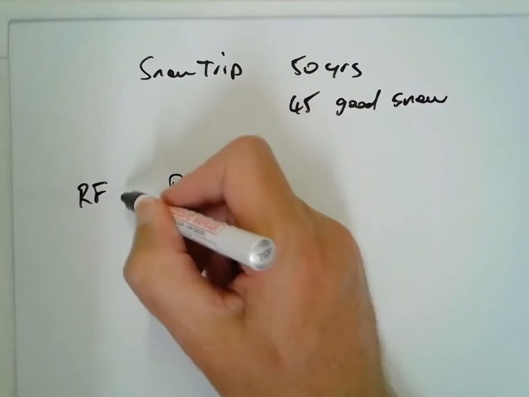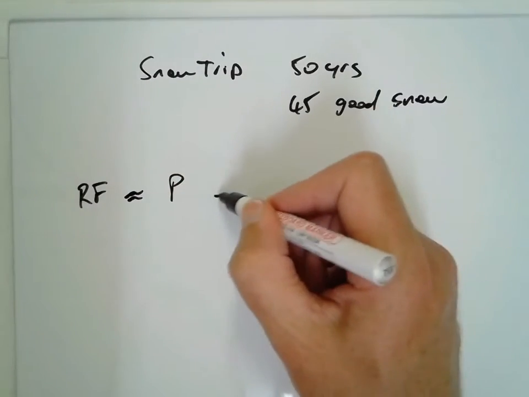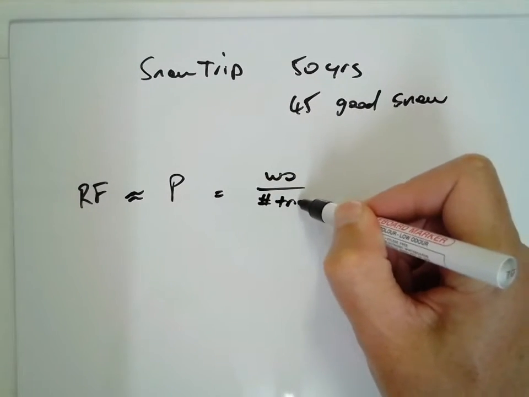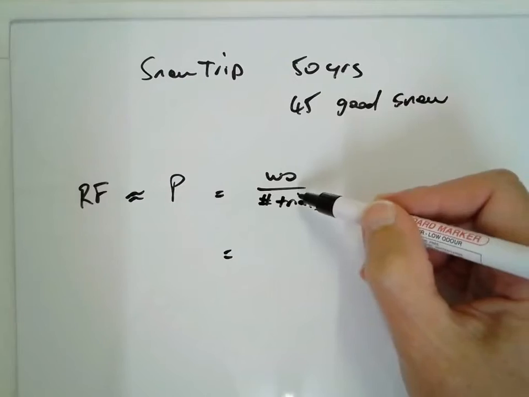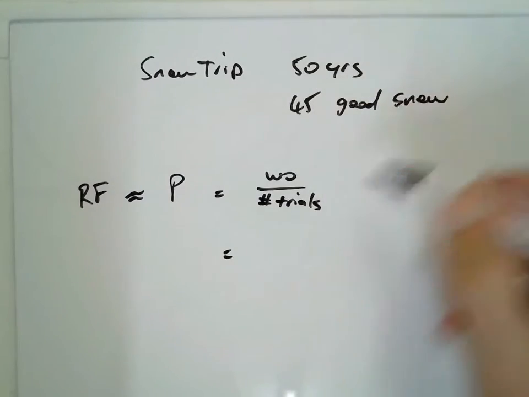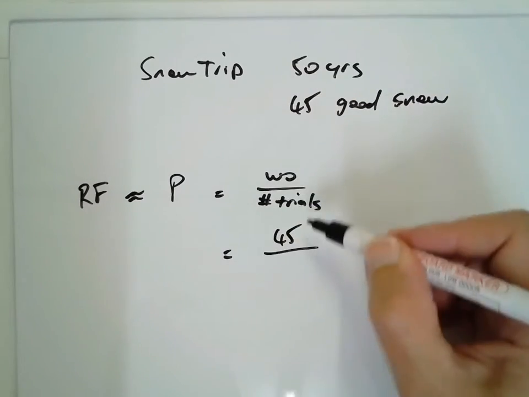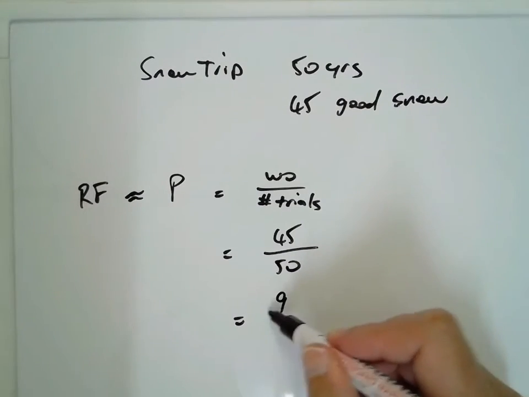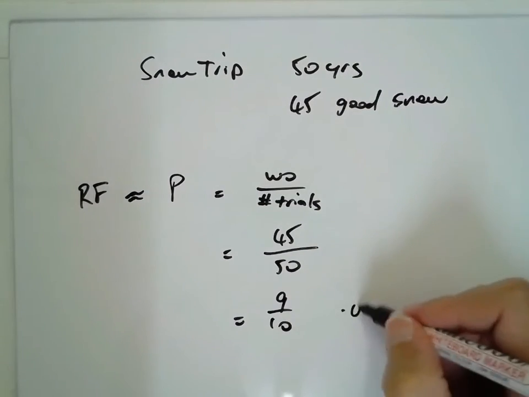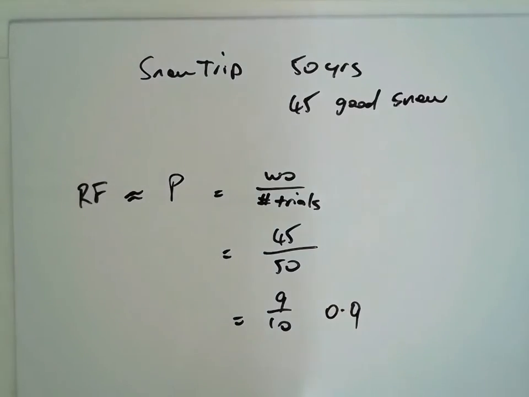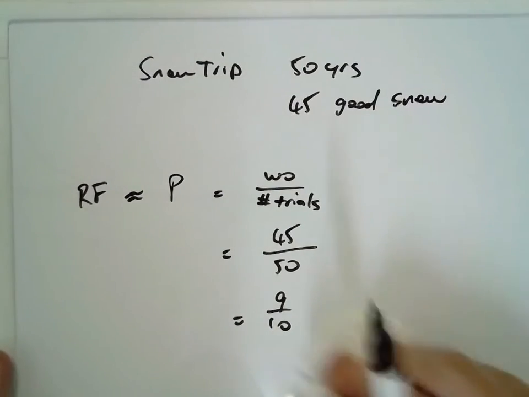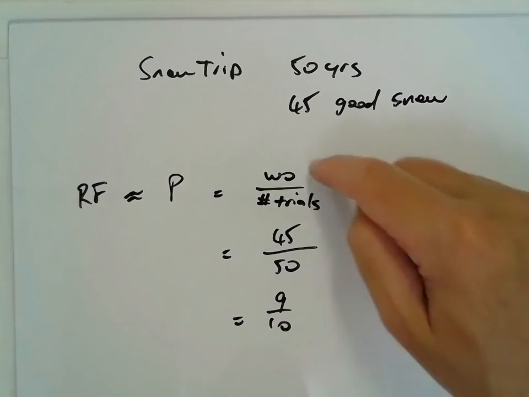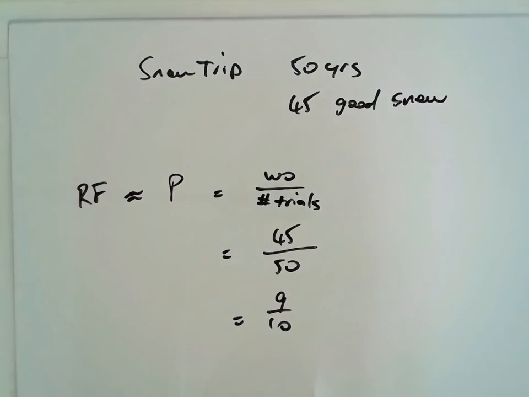I'm really not caring what you say there. Probability will be wanted outcomes over number of trials. Wanted outcomes, well, I want good snow. 45 over past 50, and simplify it. If you want to go 0.9, that's okay. I like the fractions better. Okay, nice and simple, very similar whether it's experimental or theoretical.